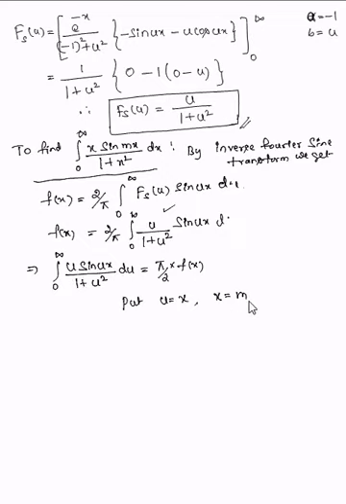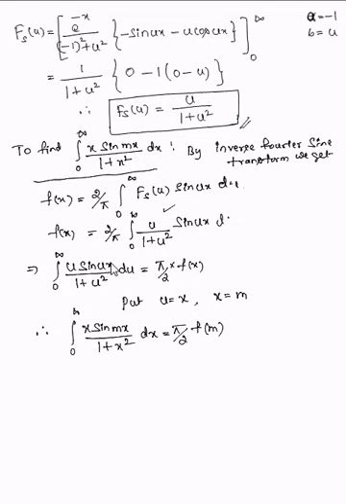So this becomes integral 0 to infinity. U means x into sine, x is m, so it is mx. Then u is x, into 1 plus u square, which means 1 plus x square, into du, which means dx, equals pi by 2 into f of m.